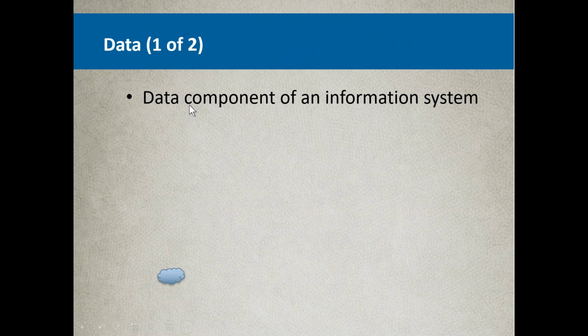All right, so the data component of an information model is the input of the system. So data is whenever a system collects the data from the object, whether it's a person, a record, a product, or what have you.